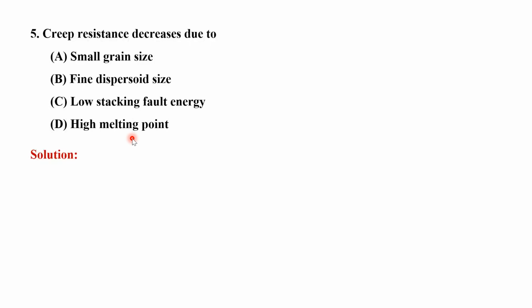Creep resistance decreases due to which of the following factors: small grain size, fine dispersoid size, low stacking fault energy, and high melting point. There are four options, and in case you know the answer, I would like to know the reason for the answer that you have selected as well.